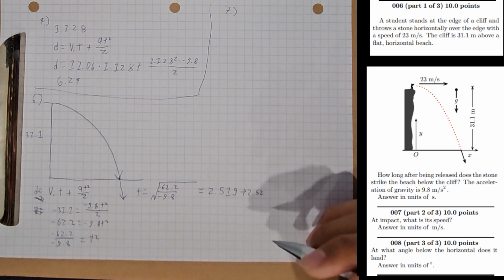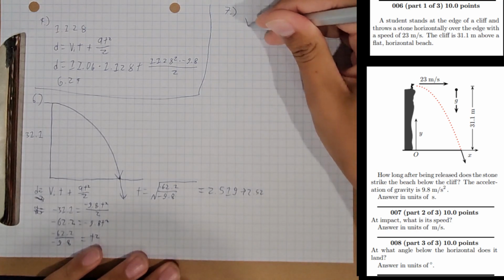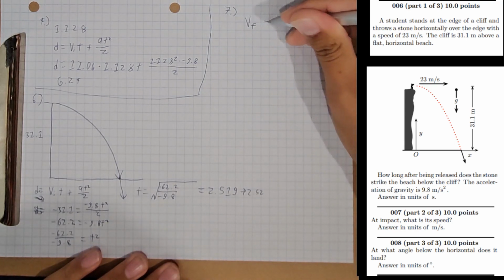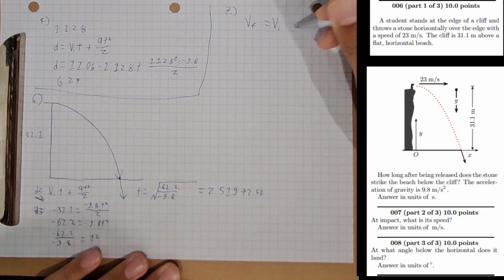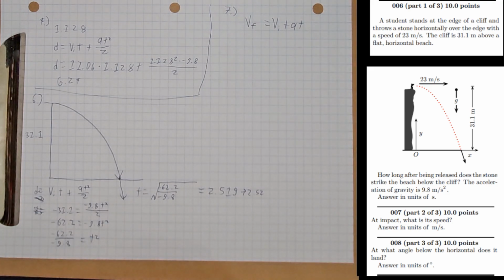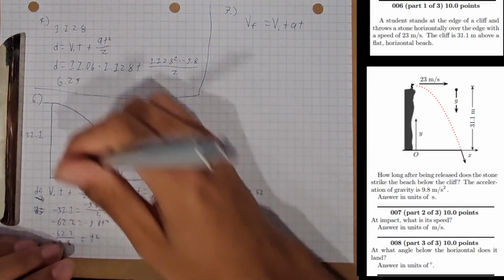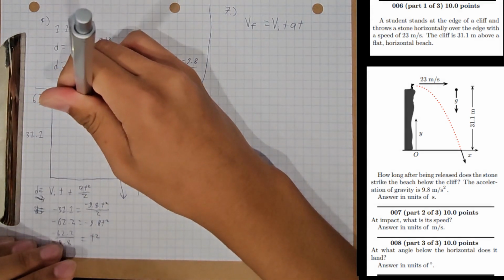So here we can use the VF equals VI plus AT formula in order to solve for the y component, because the x component is already known from the problem.